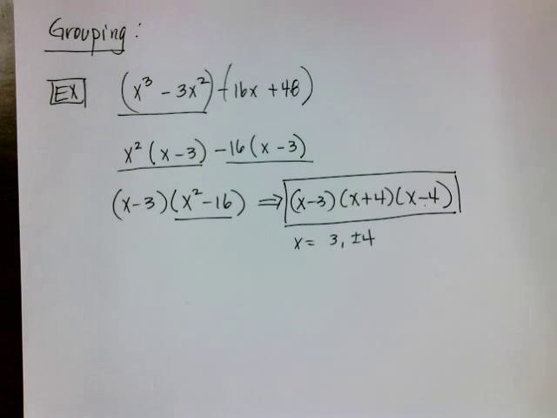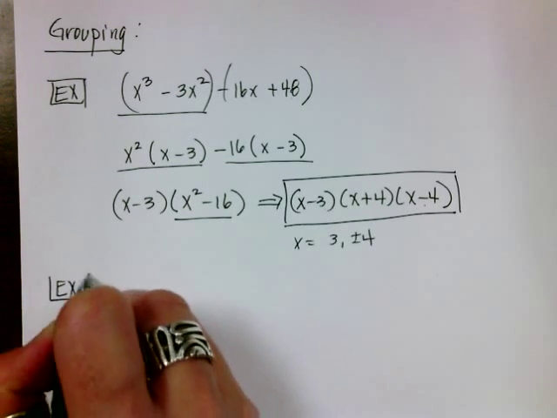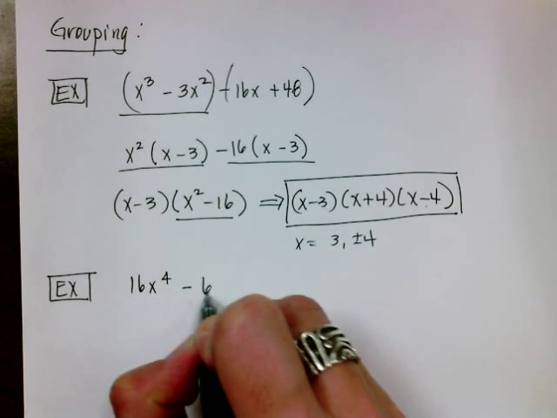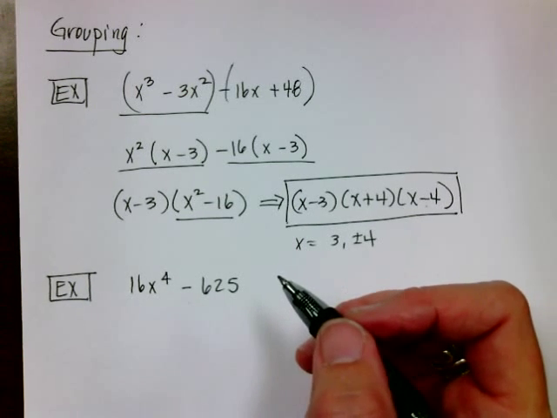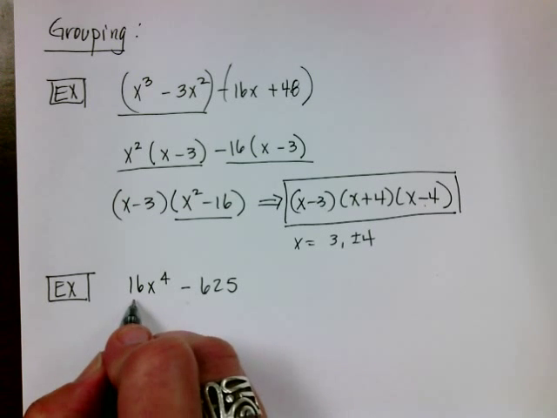All right. So I have a couple more examples for you. The next one. Okay. I'm going to have 16x to the 4th minus 625. So this doesn't really look like many of the other ones that we've done, but actually it does.